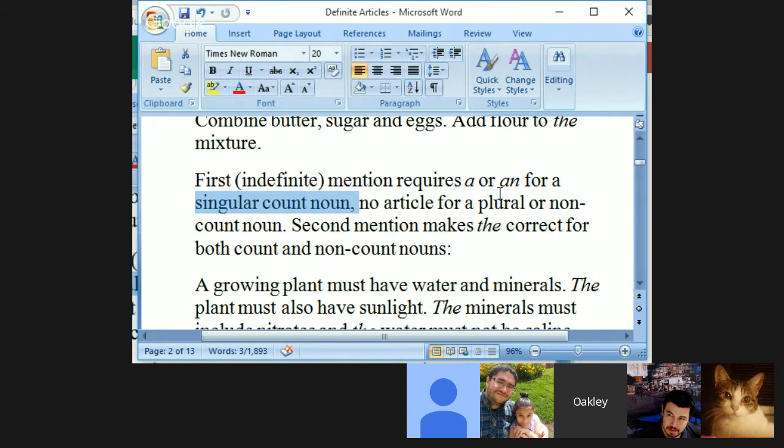So, first mention for a countable noun requires a or an. No article for a plural or uncountable noun. Second mention makes the correct for both countable and non-countable nouns. So countable and uncountable, you're really most concerned with a and an.